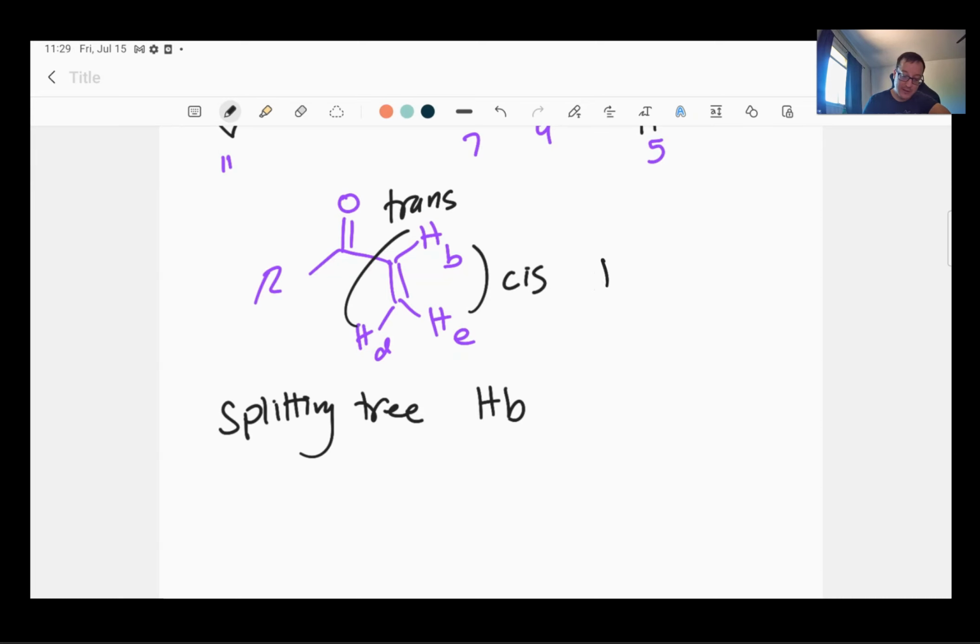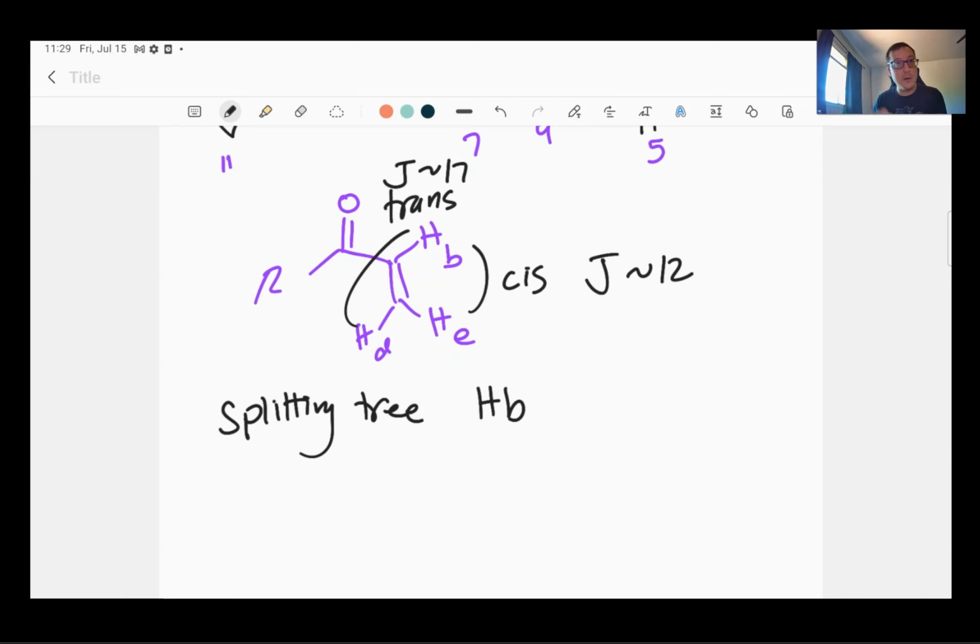Remember that the J values for these are about 12 and 17. I do not need you to know the actual numbers, but I do need you to know that a trans relationship between the hydrogens is bigger than a cis relationship. That part I want you to know, but I don't need you to memorize the numbers.